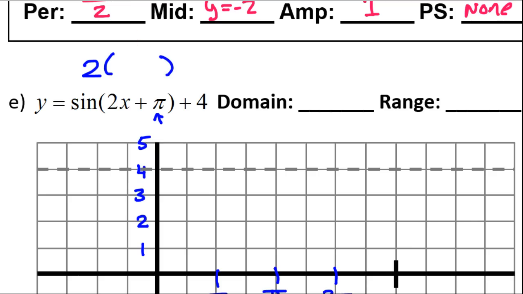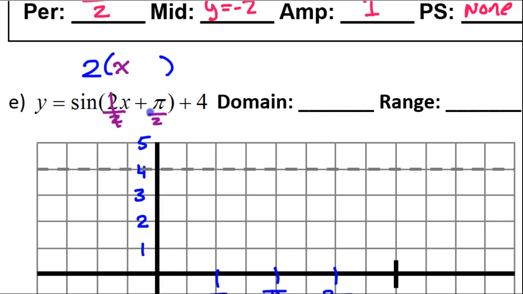Now, when you're factoring out a number, to find out what goes on the inside, you have to divide. So if I take this number I'm factoring out and divide with it, that tells me what goes on the inside. So here these 2's cancel out, and so I will just have x.